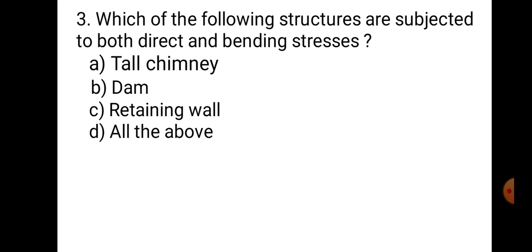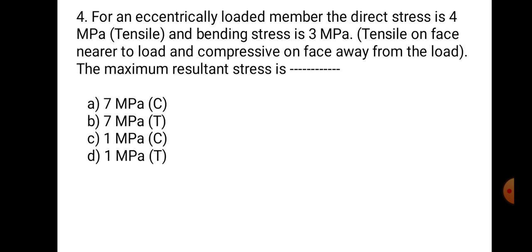A dam is subjected to direct stresses due to self-weight, and bending stresses due to water pressure. A retaining wall is also subjected to direct and bending stresses. Therefore, the correct answer in this case is D. All the above.